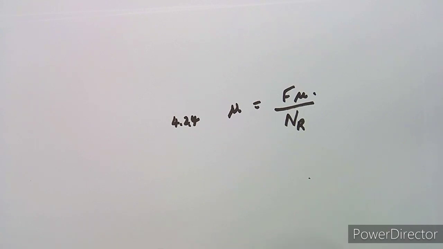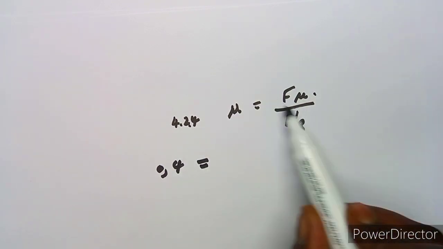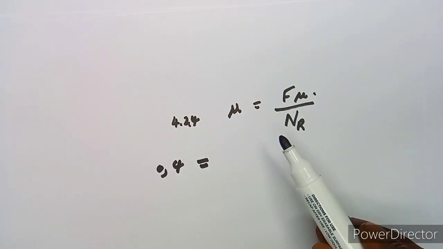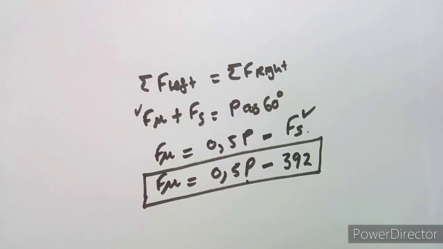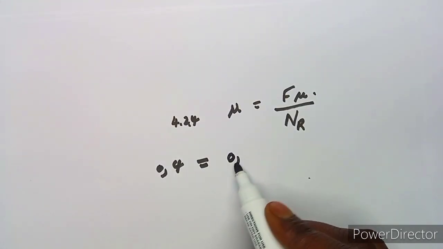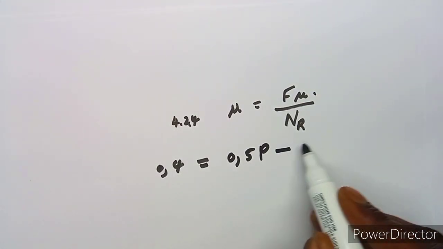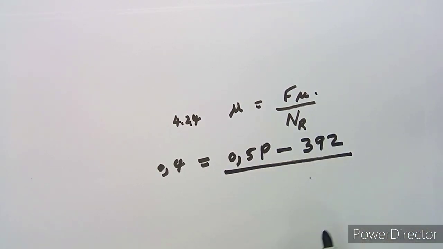We are given this, so it's now a matter of playing around with the formula. 0.4 is equivalent to the frictional force in terms of p, which is 0.5p minus 392, everything over the normal reaction.